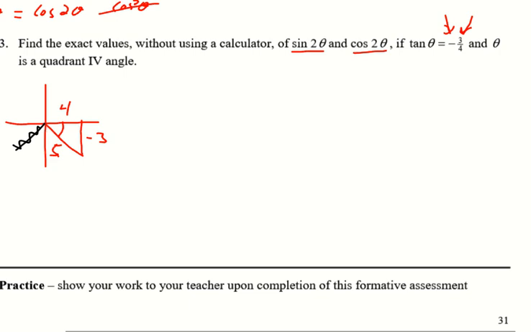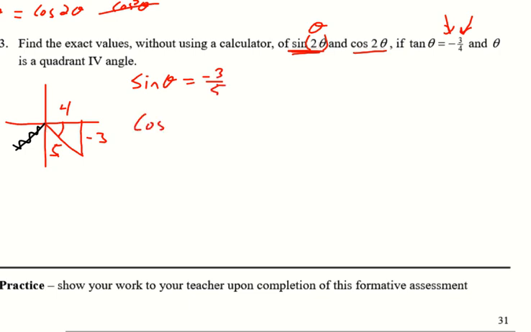So now I've got everything I need here. So sine theta is equal to, I'm just going off of this, where I'm calling all of that theta, negative 3 over 5, opposite over hypotenuse.